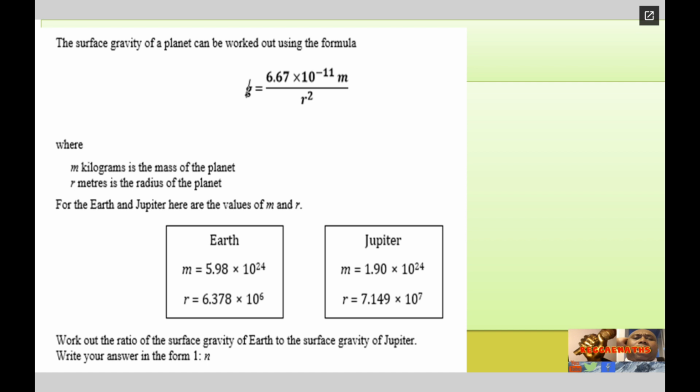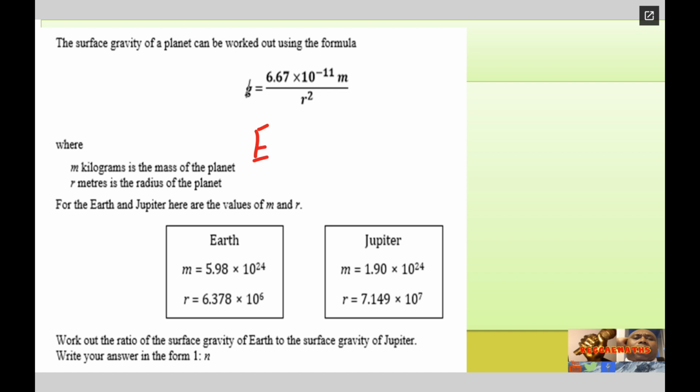Next question here. The surface gravity of a planet can be worked out using the formula where gravity is equal to 6.67 times 10 to the minus 11 times m over r squared. So we're given all that information here. Write out all the information that you're given.